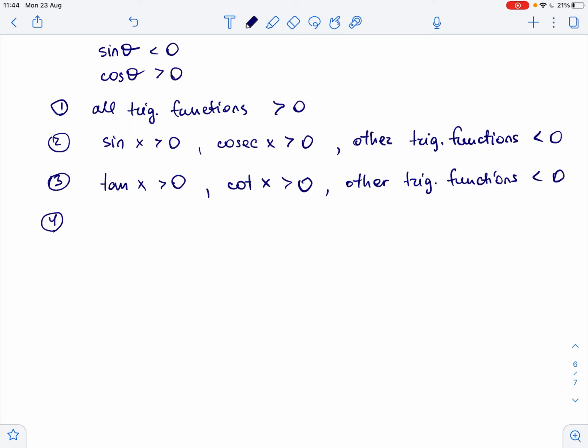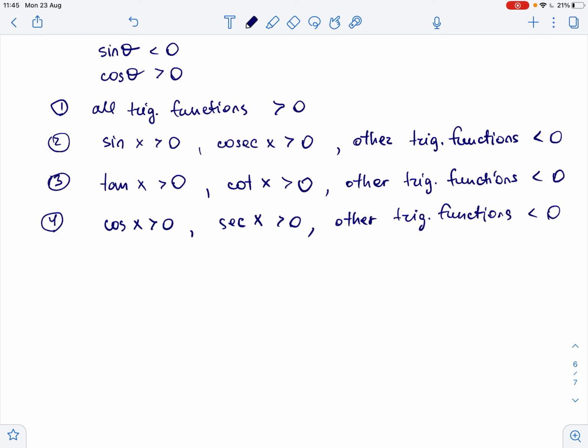Now let's check the fourth quadrant. So in the fourth quadrant, cosine and secant trigonometric functions are positive. So cosine of x is positive and secant of x is positive, and the other trig functions are negative.